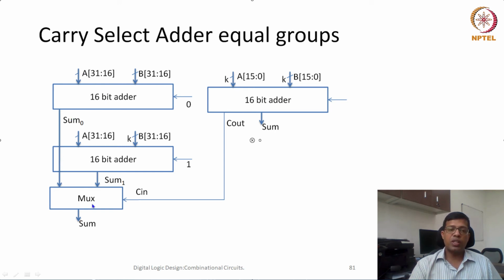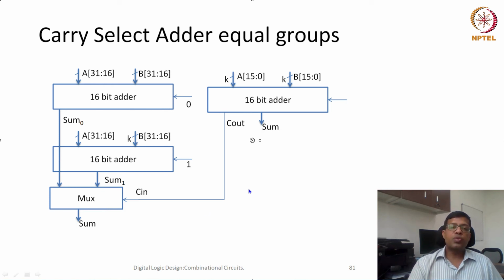We are getting sum 0, and we are also getting sum 1. The carry in would be available only when this particular addition finishes. This addition is the lower 16 bits of A and lower 16 bits of B. As the carry out becomes available, it is given as carry in to this adder, and then we can decide whether the sum is sum 0 or sum 1.